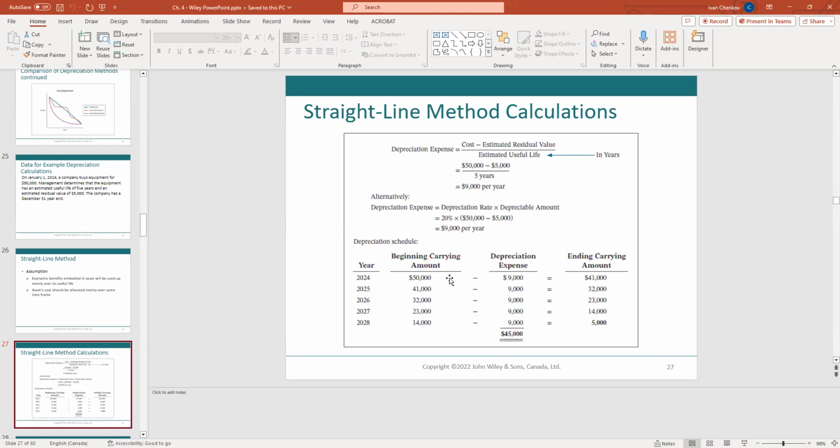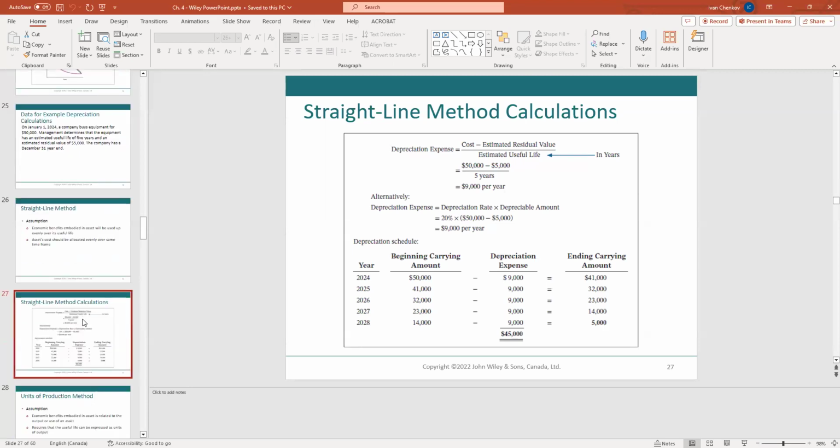Or every year we take 20% of $45,000, which is 9,000 every single year. Total accumulated depreciation will be $9,000. The carrying amount in the beginning balance will always be the residual value.